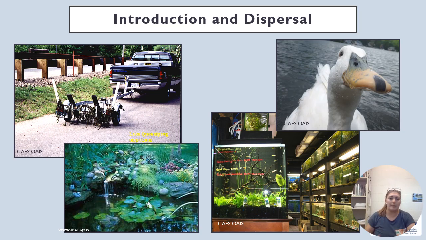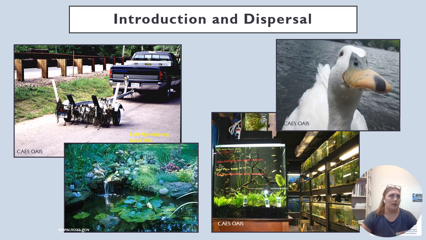So how do aquatic plants get into a lake, especially the invasive ones? So the main method of introduction is actually the aquarium trade. So that's often what brings invasive aquatic plants from other countries, other areas to Connecticut, is the aquarium trade.